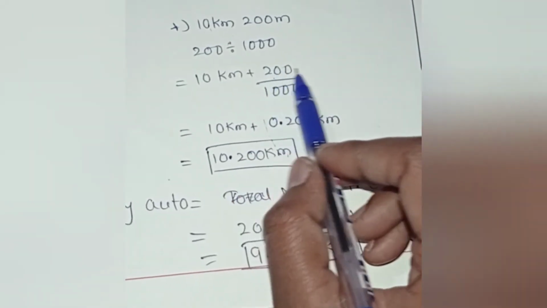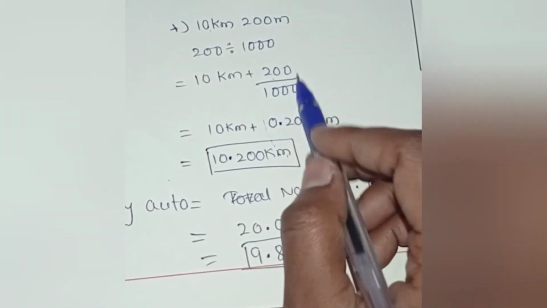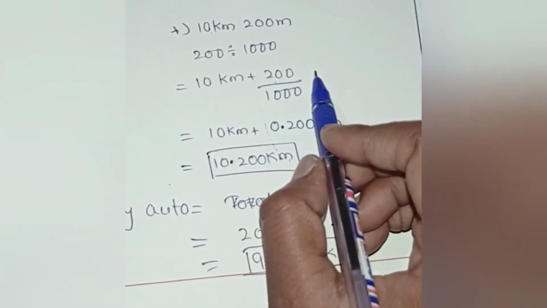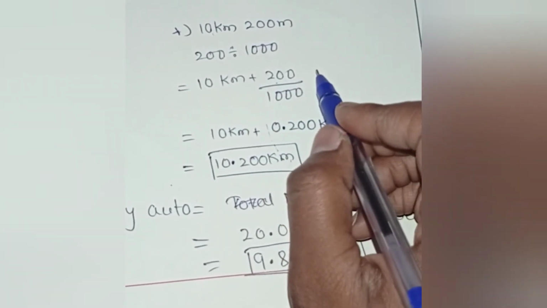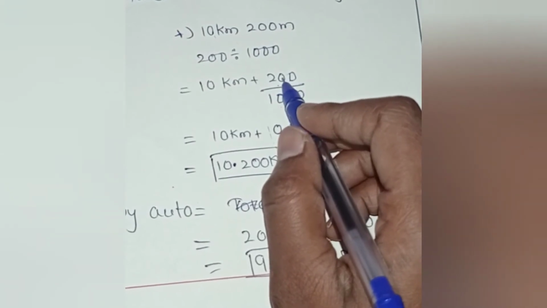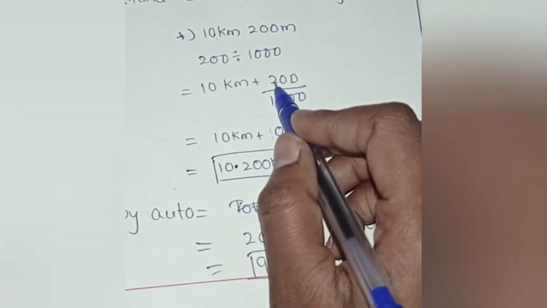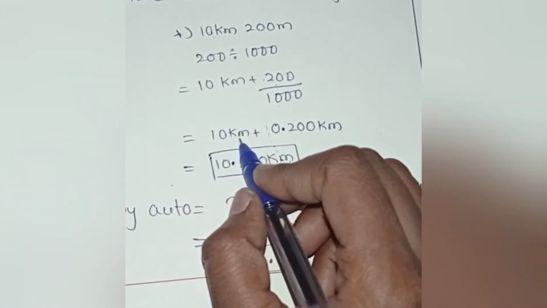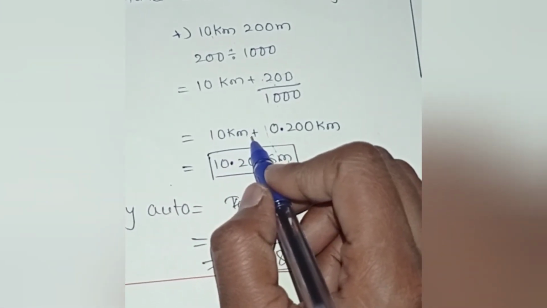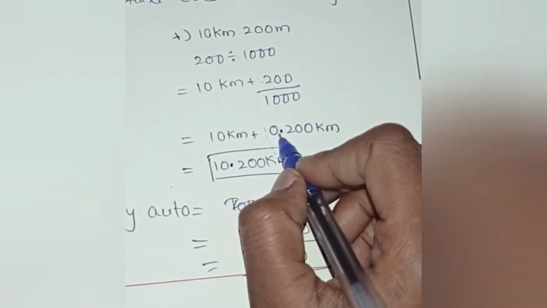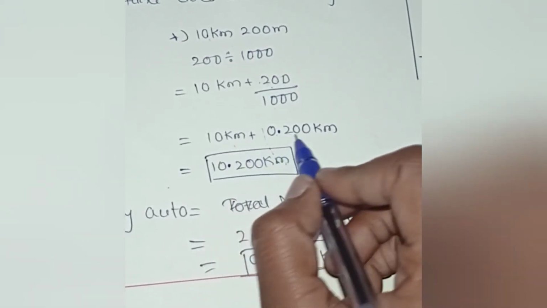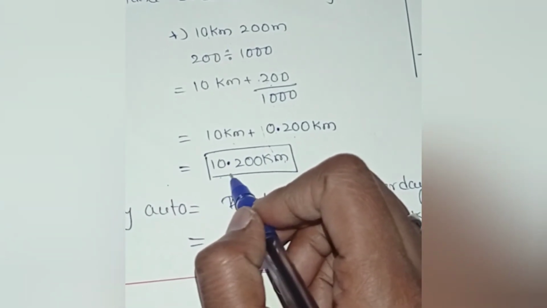Here in the denominator 3 zeros are there. That's why in the numerator after three numbers I should take decimal point, right? First number is this, second number is this, third number is this. So after 2 I'll take decimal point, that is nothing but 10 kilometer as it is, I'll write plus 0.200 kilometer. If I add these two numbers, what is the final answer?